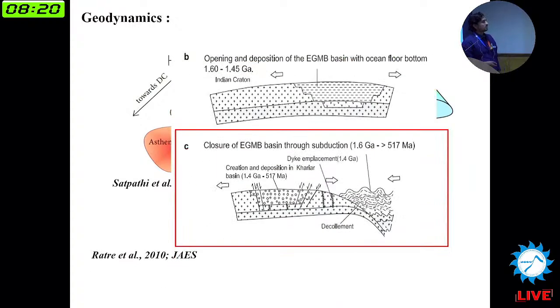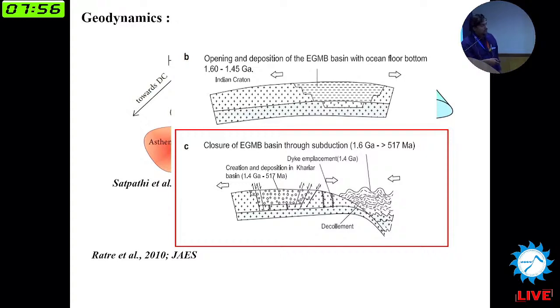And this model is suggested by Ratre et al. in 2010. They suggested that during 1.5 billion years, the closing of the EGMB basin took place, and the Bastar Craton got subducted beneath the EGMB basin. Due to the subduction, extensional tectonics got accelerated in the Bastar Craton portion, and there was a creation of rift.